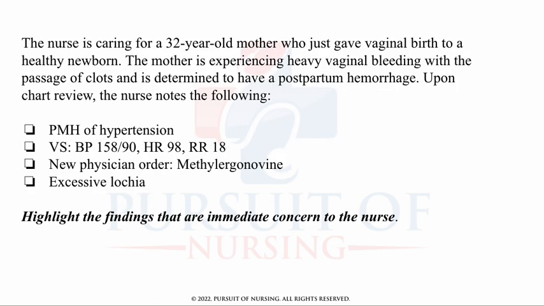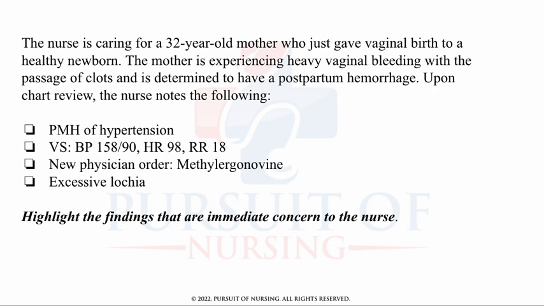All right, another highlight in text style question testing knowledge of physiological integrity. The nurse is caring for a 32-year-old mother who just gave vaginal birth to a healthy newborn. The mother is experiencing heavy vaginal bleeding with the passage of clots and is determined to have a postpartum hemorrhage. Upon chart review, the nurse notes the following. The mother does have a history of hypertension.